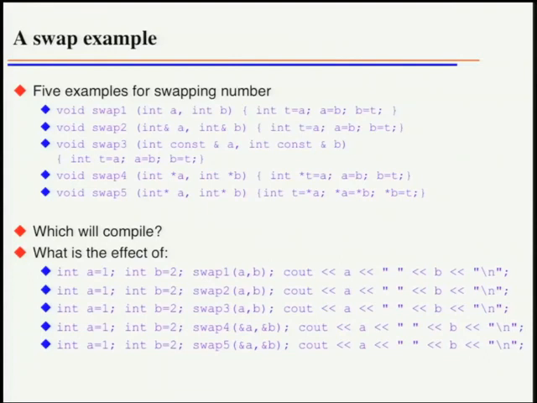Swap 4, we pass in the address of A and the address of B. And now we have this swap 4. So what will the result of this be?